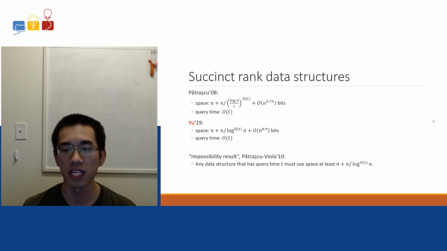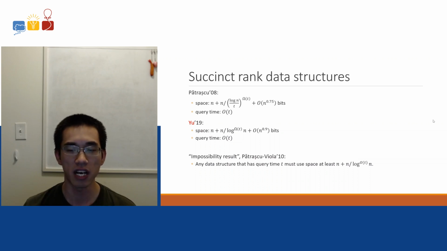And it turns out that there's an impossibility result by Patrascu and Viola in 2010. Such impossibility results, or lower bounds, are actually a very different aspect of theoretical computer science from what typically appears in a programming competition.